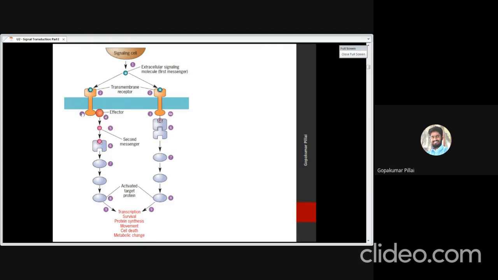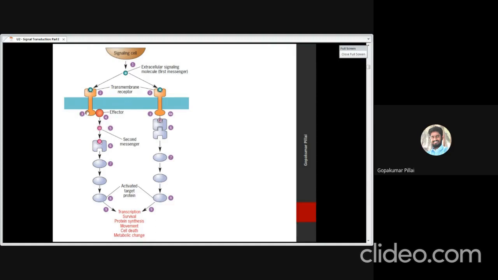Step number 3 was the interaction of the cytoplasmic domain with the enzyme, the effector. Then in step number 4, the effector attacks a substrate because it is an enzyme, and converts that substrate into a molecule called the second messenger. I believe things are clear till now.